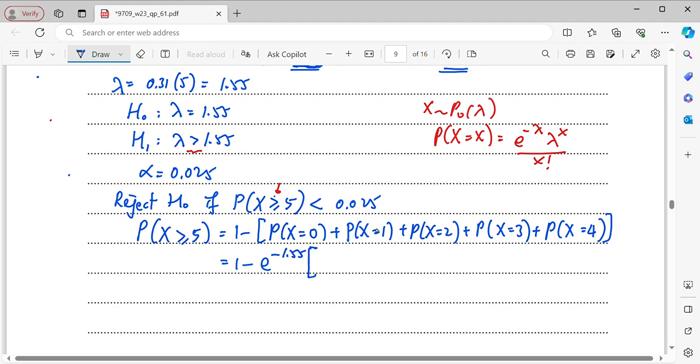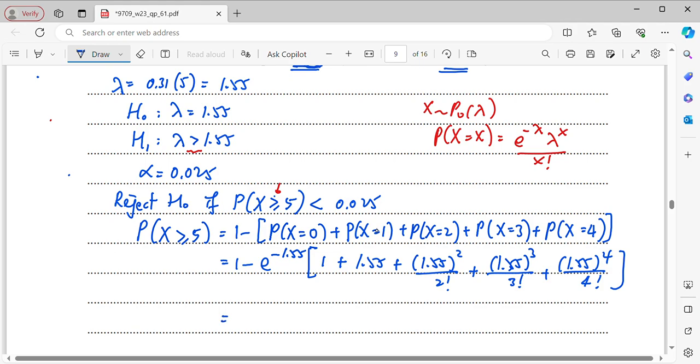Then the first probability is 1. The second probability is 1.55 here after you factorize the exponential function. So here 1.55 squared over 2 factorial plus 1.55 cubed over 3 factorial plus 1.55 to the power 4 over 4 factorial.